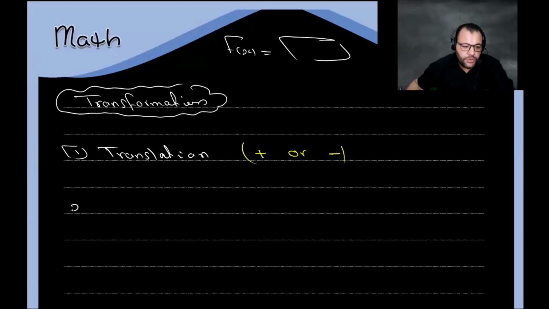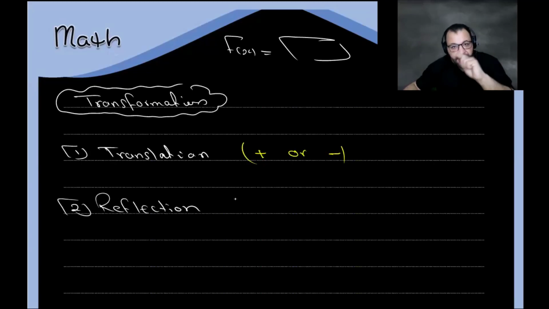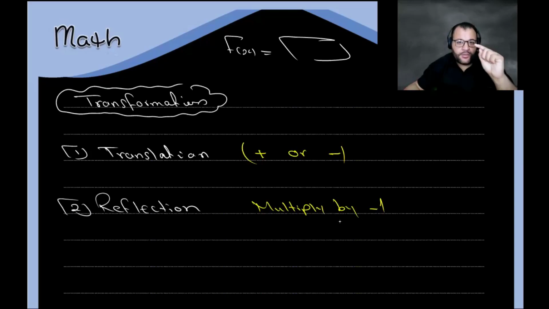Number two, how do you know it's reflection? When it's multiplied by negative. Only multiplied by negative 1, not negative 2, not negative 3.